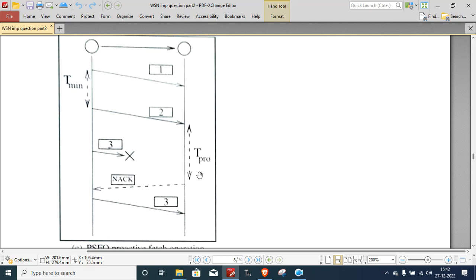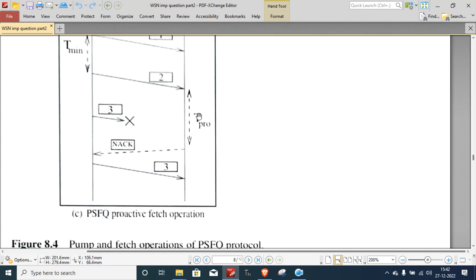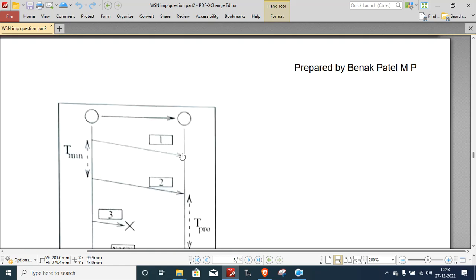So this sensor node waits for a time interval of T. Because this is proactive, it waits for this time interval, takes the initiative, and sends the negative acknowledgement packet to the sink, and gets the third packet back again. So this is the Pump Slowly, Fetch Quickly proactive fetch operation.